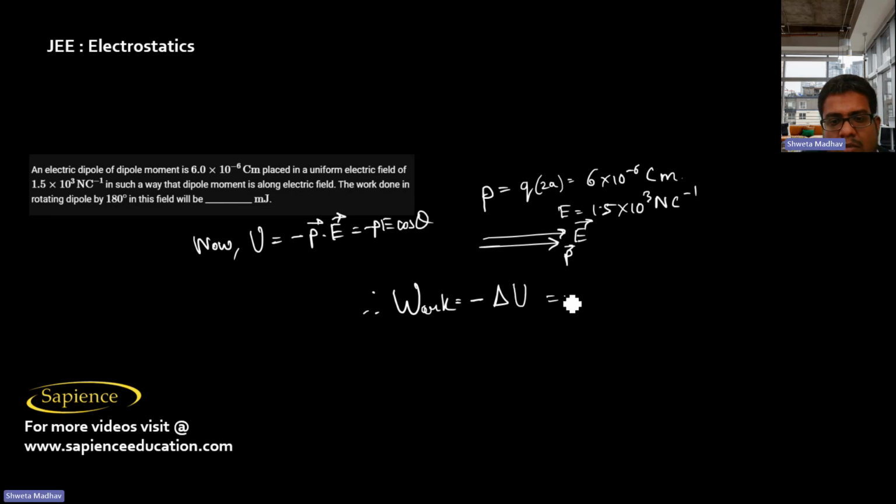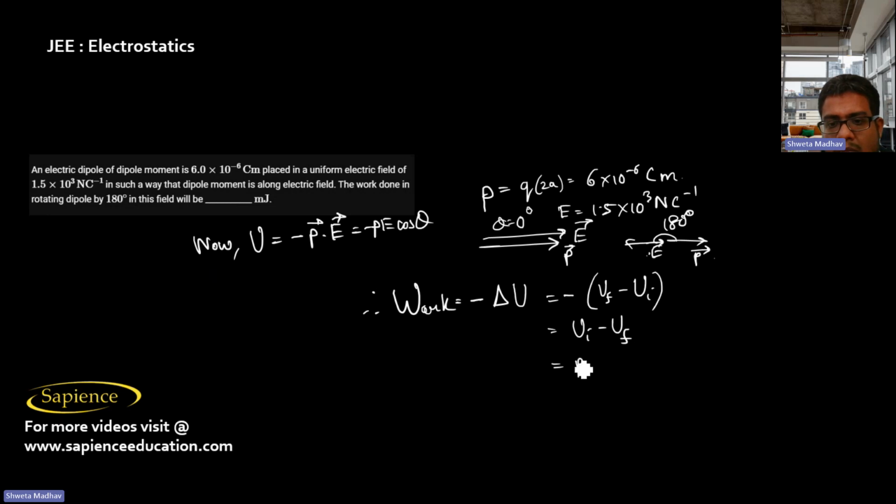So the work done will be equal to minus of U final minus U initial. The final angle between the electric field and the dipole moment is 180 degree, but the initial angle theta is 0 degree. So this will be U initial minus U final.